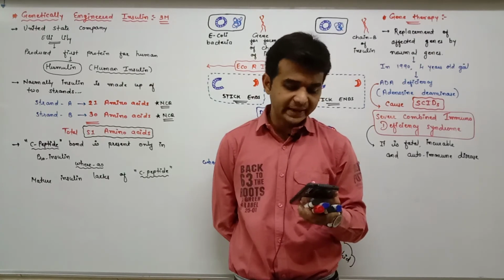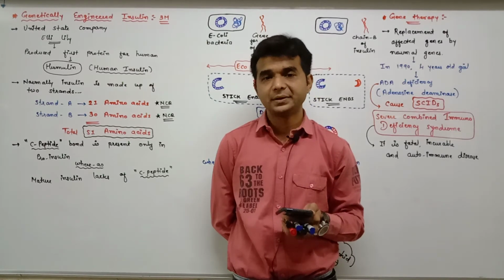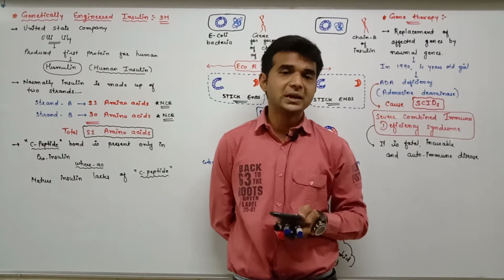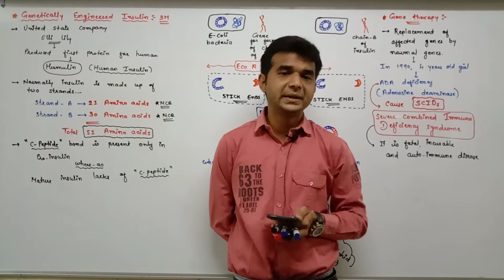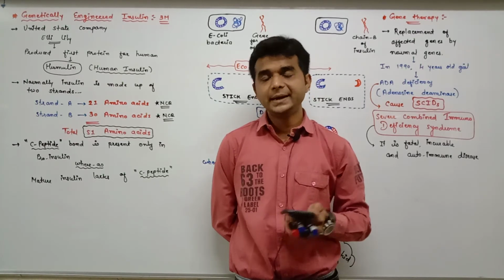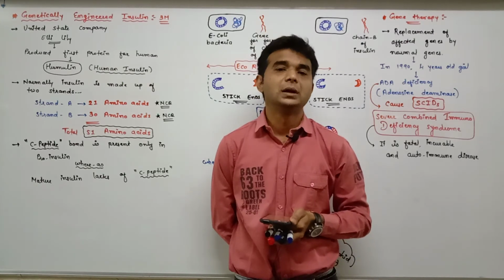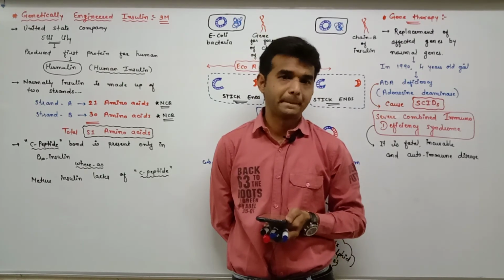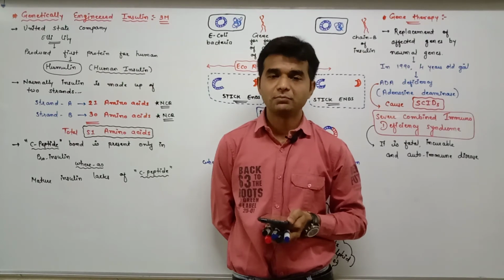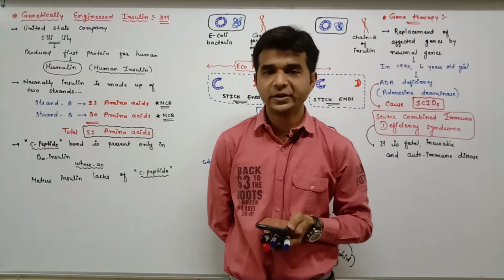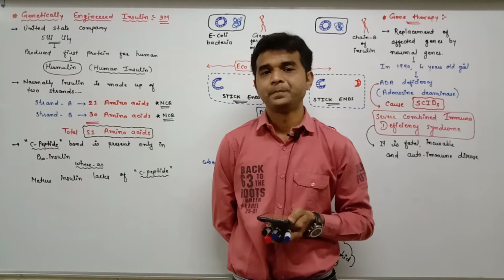In some children, ADA deficiency can be cured by bone marrow transplant. So think about what happened here. In SCIDS, the bone marrow is affected, and you know that bone marrow is the main lymphatic organ of our body.